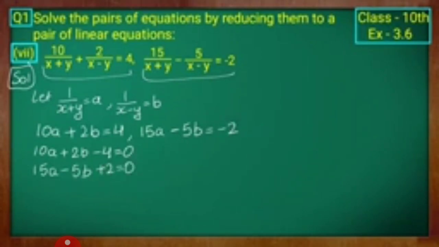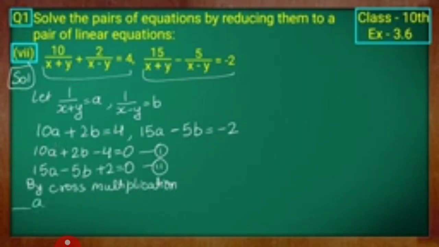For that we express this pair of linear equations in the form ax plus by plus c is equal to 0. Now we have two equations, 1 and 2. So by the cross multiplication method, this pattern can be followed like that.